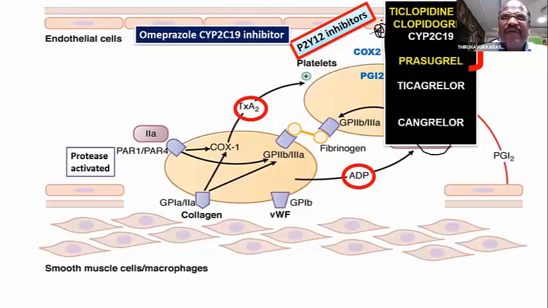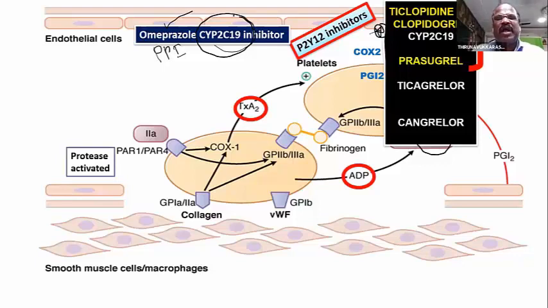This drug needs activation by CYP2C19. So when you give it along with omeprazole, a proton pump inhibitor having the property of inhibiting CYP2C19, this may interfere with the activation of clopidogrel. So very commonly asked MCQ.